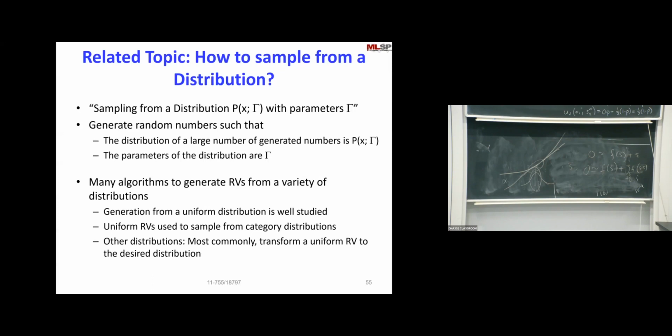How would you do it? Suppose I have a loaded die. How do you write a piece of code to generate samples from it? What is our source of randomness?